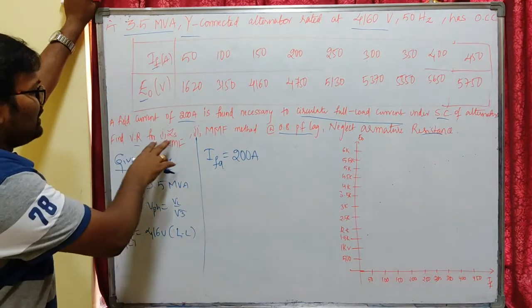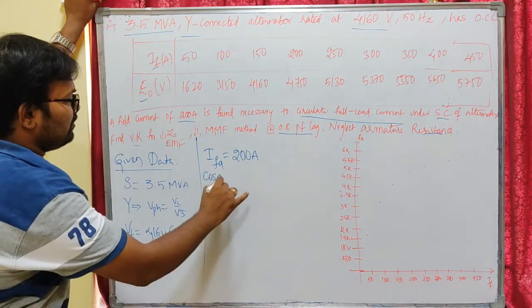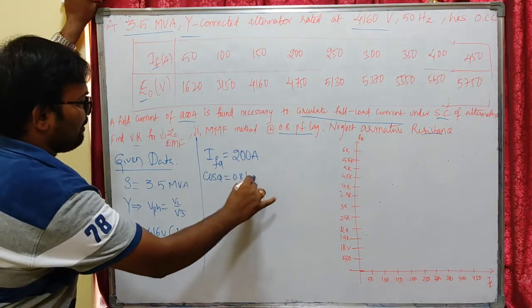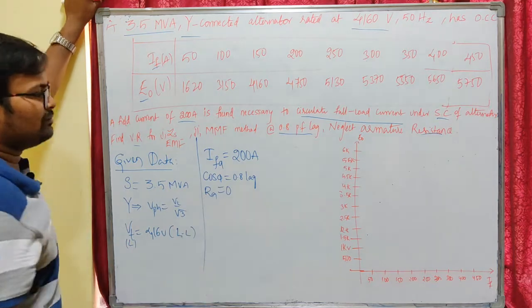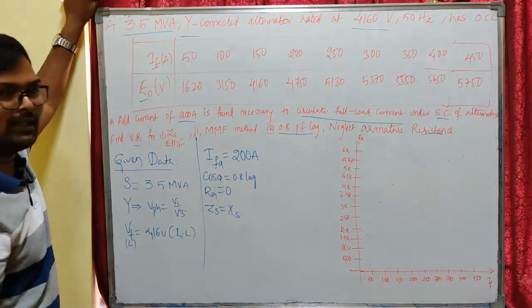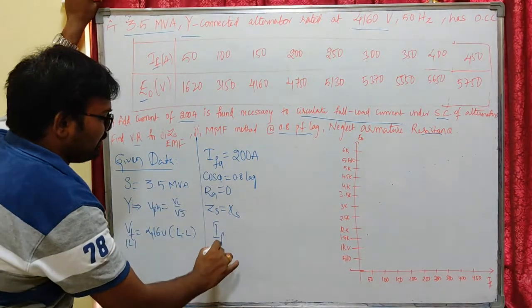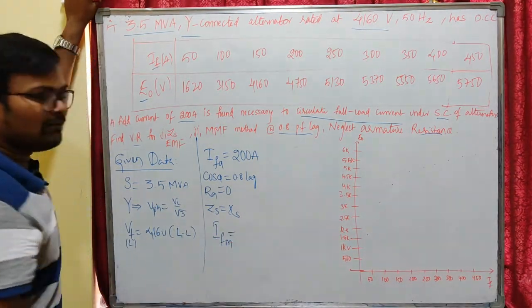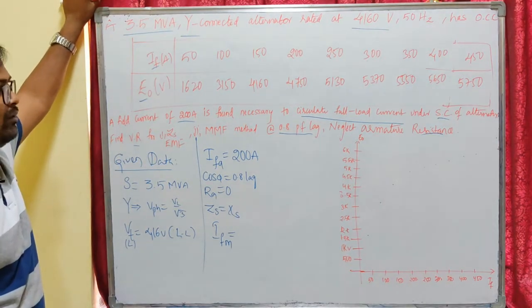Then find the voltage regulation for ZS and MMF for power factor of cos phi equal to 0.8 lagging. Neglect the armature resistance, means RA is 0. Then ZS will be equal to XS. We need to find XS, and we need to find IFM. IFM is the main field current required to generate rated voltage under open circuit condition.